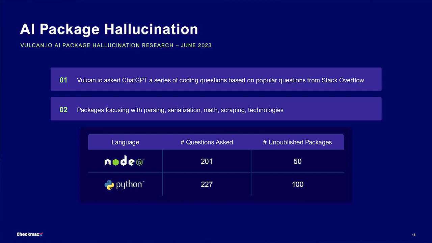With the questions asked for Node, 201, 50 of those came back unpublished. Okay, so 50 of them didn't exist. With PyPI, 227 questions asked, 100 of them didn't exist. So you can imagine if we were an attacker doing that same thing, we could create those 150 packages, and then they would be in the atmosphere there.